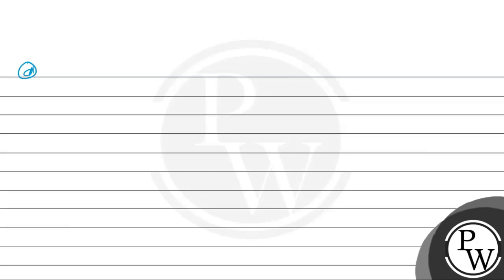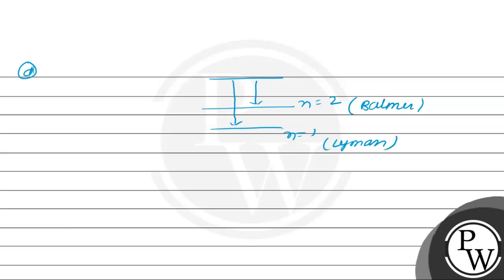That is, when an electron transitions from higher to inner orbits, let's say n equals 1 or n equals 2, where n equals 1 represents the Lyman series and n equals 2 represents the Balmer series.